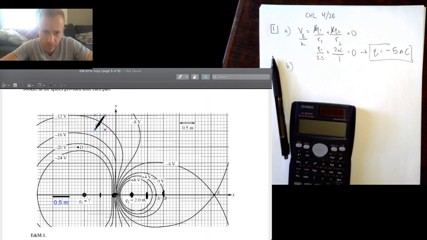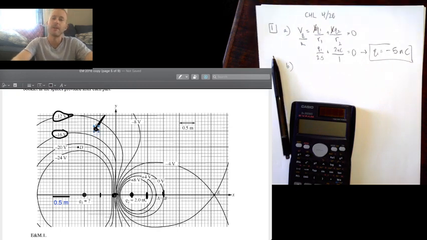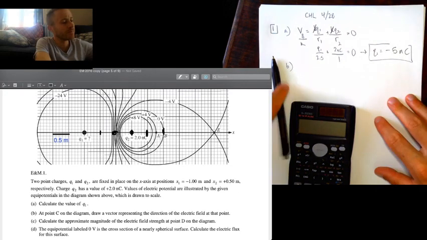We can see that point C is on the minus 12 volt equipotential, and down here is the minus 16 volt equipotential. So that minus 16 is more negative than minus 12, so that means that it's going to point sort of in that direction. Okay. So B is done.